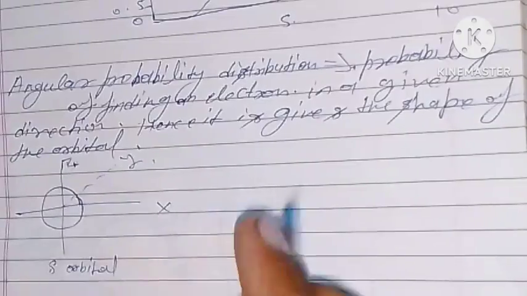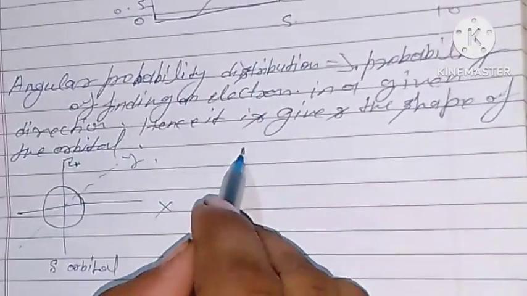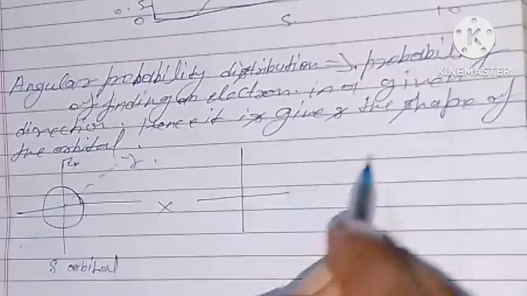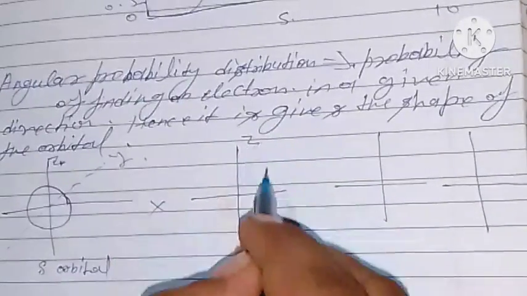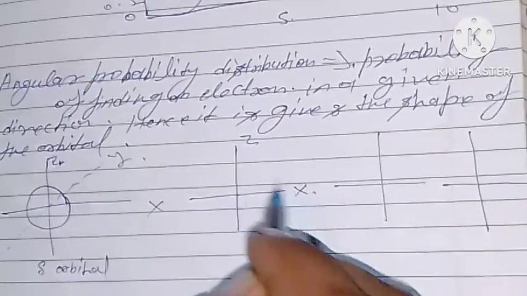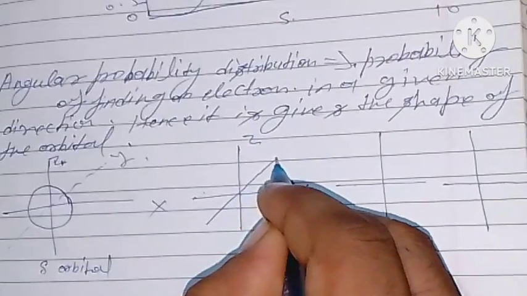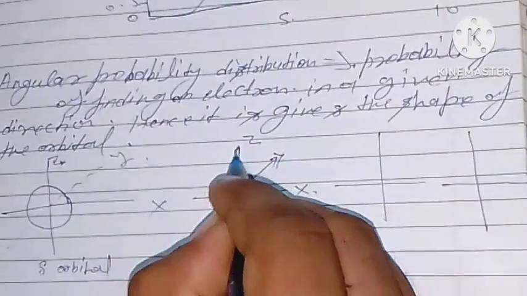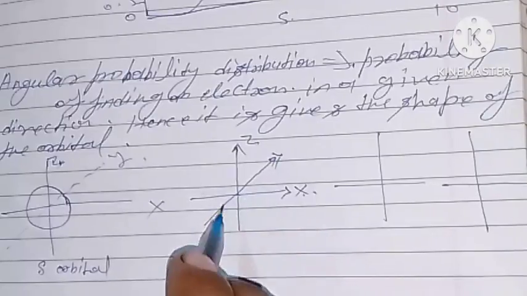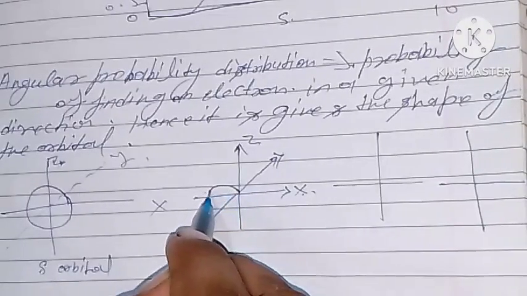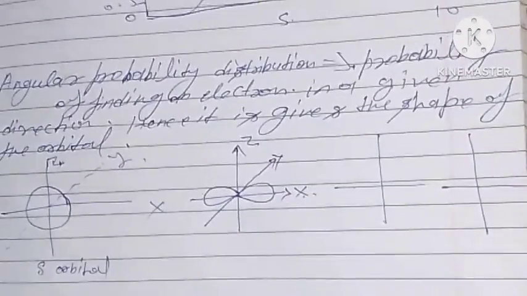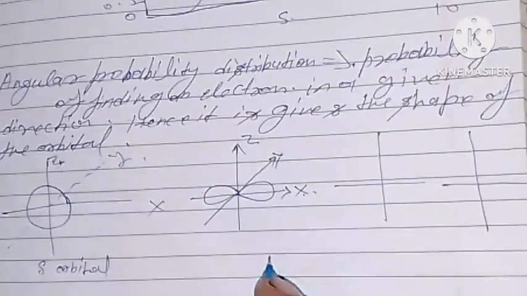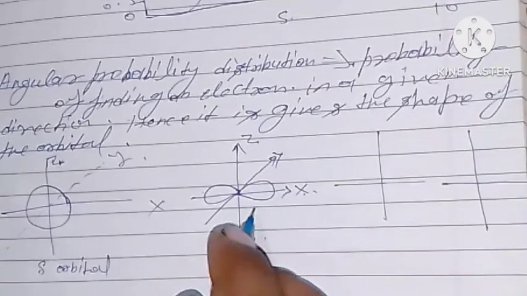Again, z-axis, x-axis, and y-axis, and the figure and the graph are parallel to the x-axis. This is the px.